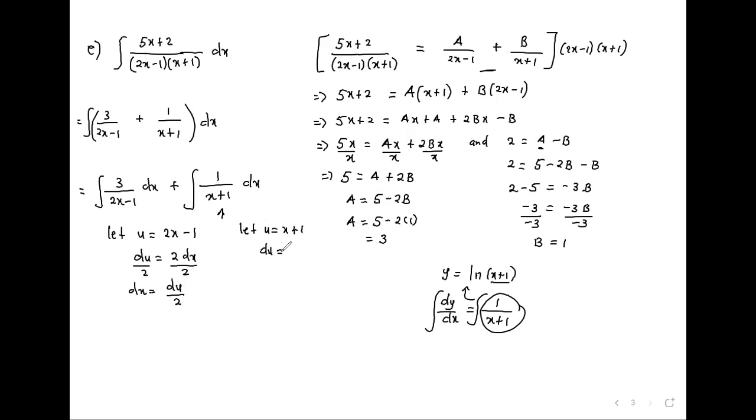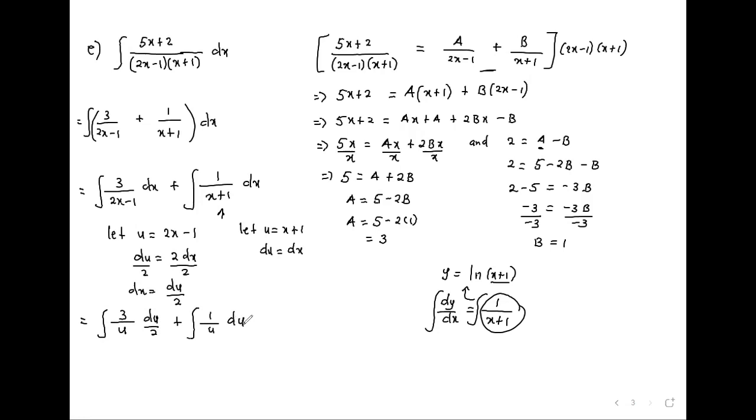Then du is going to be dx, 1 dx. Then you substitute now. So you have the integral of 3 over u, since we have said 2x minus 1 is u, multiplied by dx, which is du over 2, plus the integral of 1 over u, dx is just du.